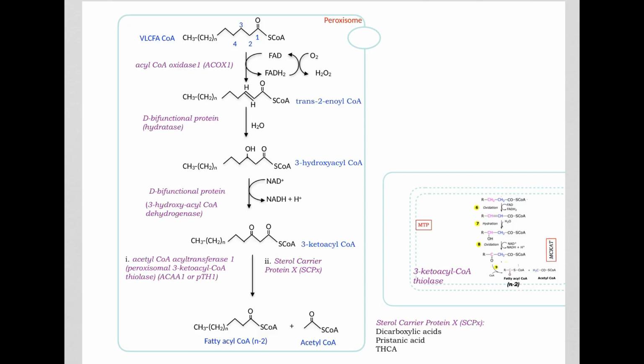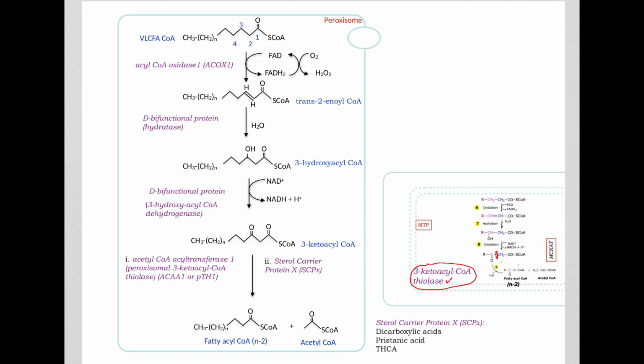In the last reaction, the bond between the alpha and the beta is broken, and that releases this part out as acetyl-CoA, and the remaining part is basically your fatty acid shortened by 2 carbons. In the mitochondria, this reaction was catalyzed by 3-ketoacyl-CoA thiolase, breaking this bond between the alpha and the beta carbon.